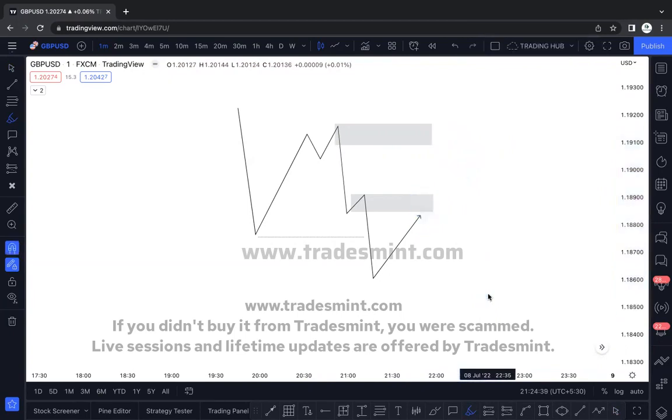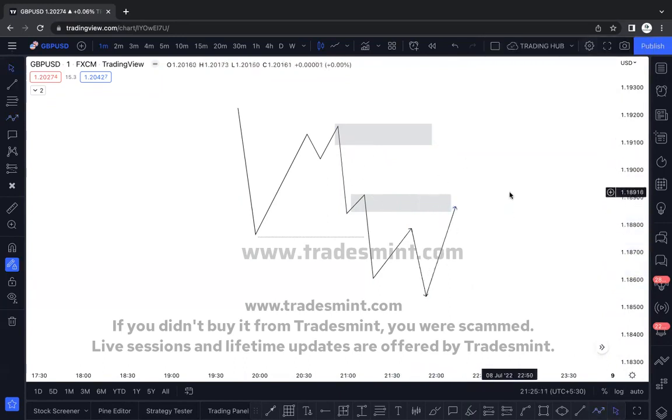As I mentioned in part 5, on entry types, price must take out the liquidity before the entry. If the market moves something like this on the left side, then this entry becomes valid right here, but you don't need to sell here directly. Why? Because we have another zone for the sell, correct?